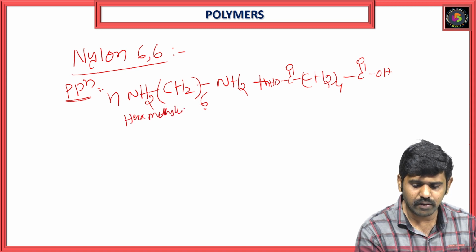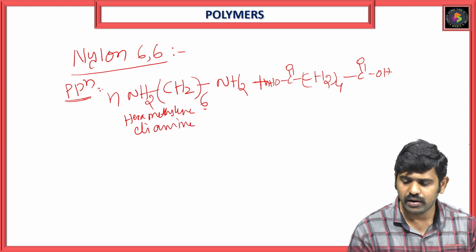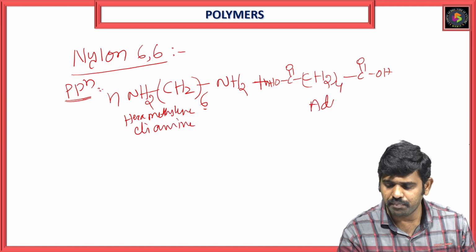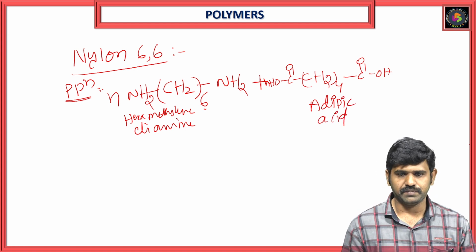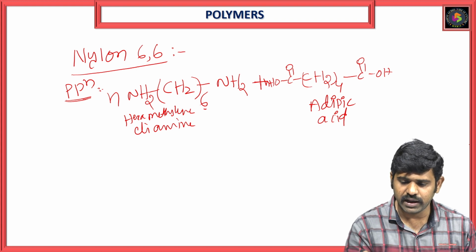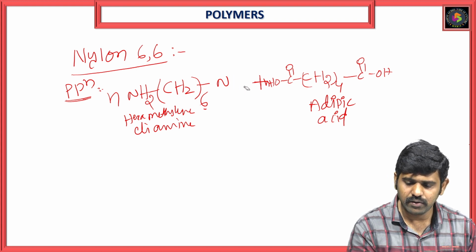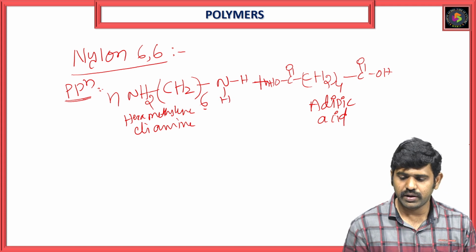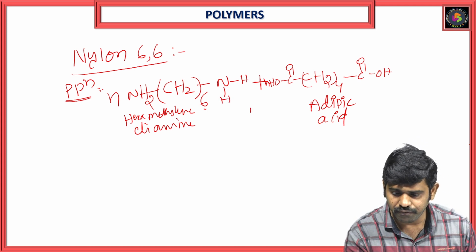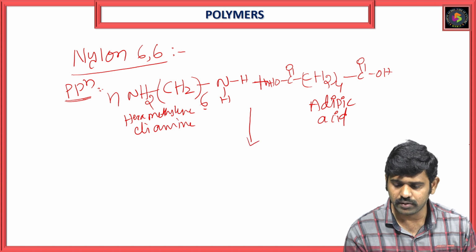Hexamethylene diamine and adipic acid. Adipic acid is nothing but a dicarboxylic acid, right? So hexamethylene diamine, that is H2N-(CH2)6-NH2, right? So loss of water.